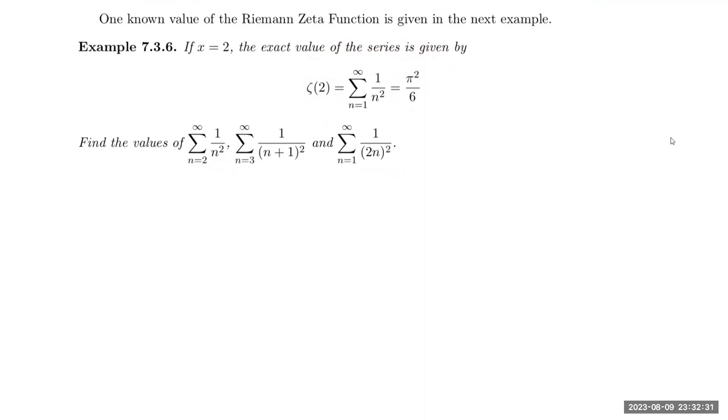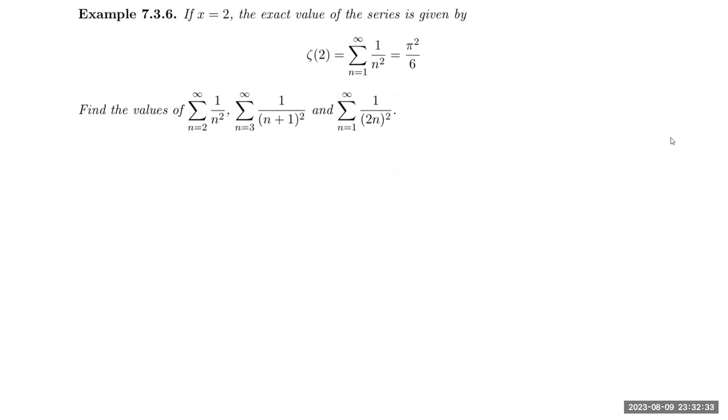Okay, so for part A, we want to find the sum starting from 2 this time, so let us have a look at from 1 first. The infinite sum of 1 divided by n squared is also the same as saying 1 plus the infinite sum, n is equal to 2 to infinity, of 1 divided by n squared.